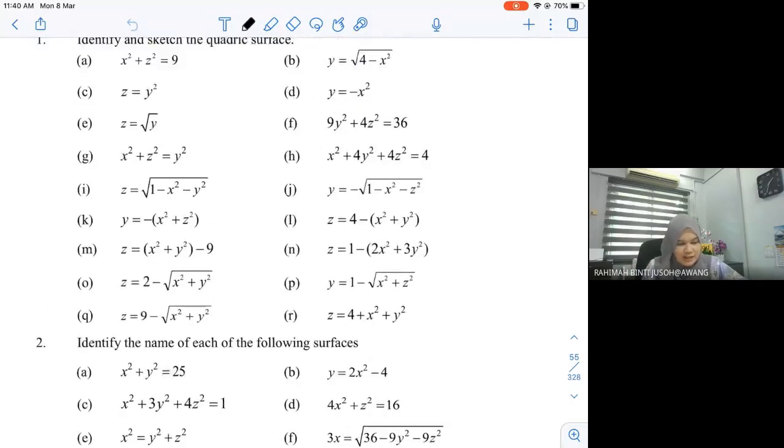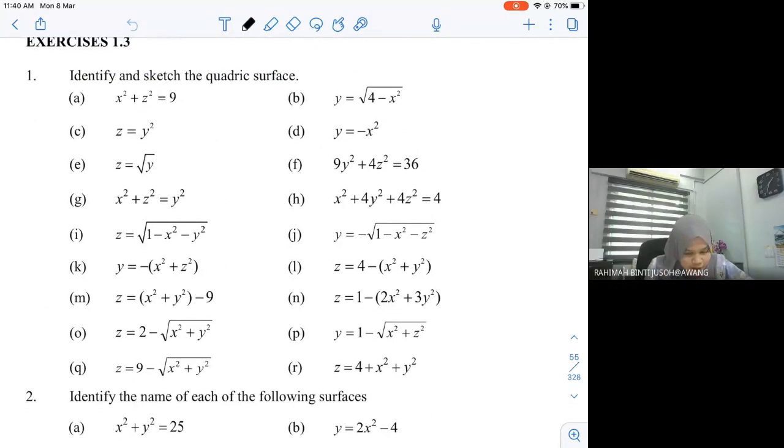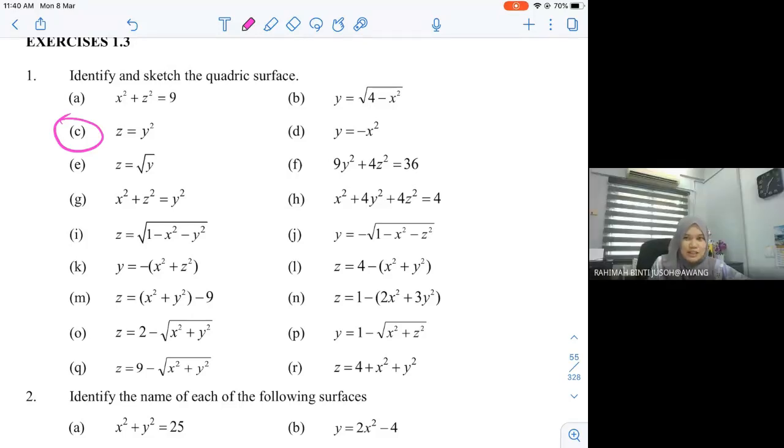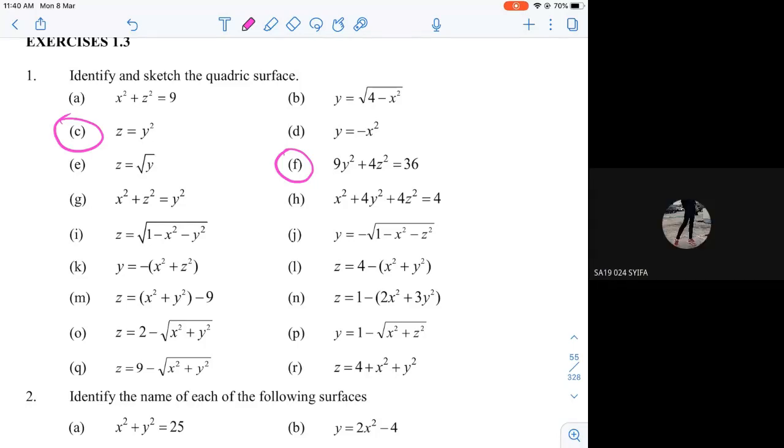Okay, saya teka sebab saya tanya awak. Okay, soalan C ni bentuk apa? Ni paling simple. Soalan C ni bentuk apa? 3D. Parabolic cylinder. Yes, parabolic cylinder. Okay, good. How about F? Bentuk apa? Cylinder.